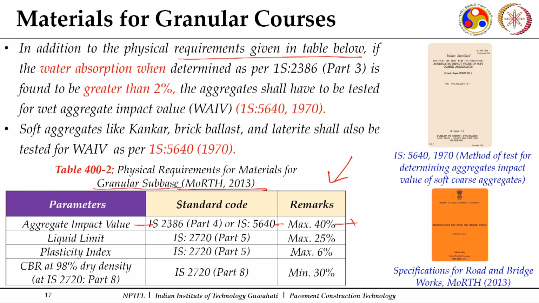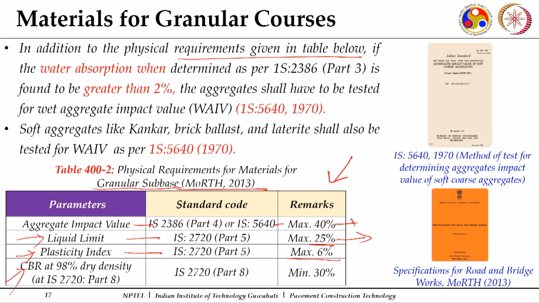When it comes to liquid limit and plasticity index, the liquid limit should be less than a maximum of 25%. Higher the liquid limit, the general conception is it makes your material more plastic in nature. The plasticity index is again a maximum of 6%.